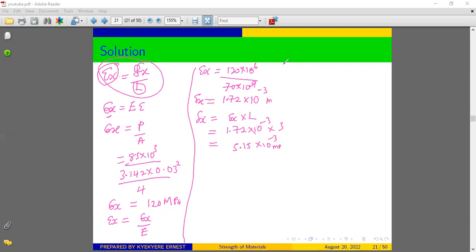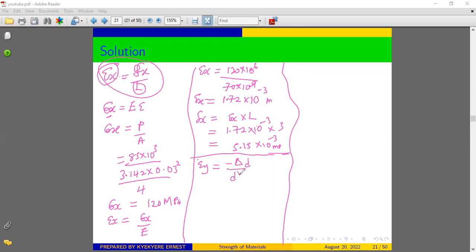Then the next part of the question, we were asked to calculate the change in diameter. In that case, we are talking about the lateral strain. The diameter is in the y-axis. So the lateral strain, because it's cylindrical, is equal to the change in diameter over the original diameter.